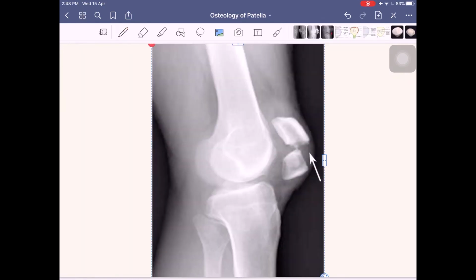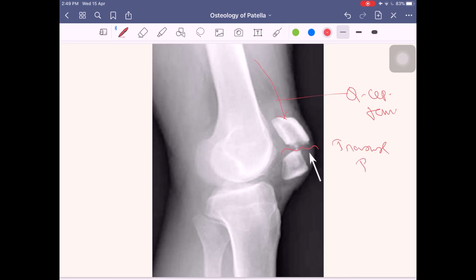Then this is your side view or lateral view. Here you can see that due to the pull of your quadriceps femoris, it has caused a transverse patellar fracture. Why did that happen? Because the lower part is held by your ligamentum patellae, and the upper part is getting pulled, so it gets cracked. That is a transverse patellar fracture.